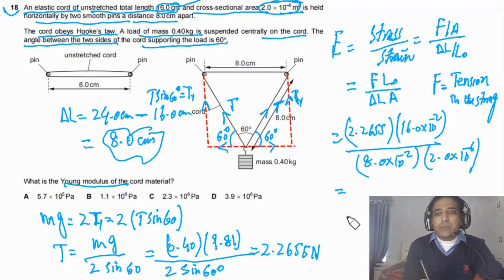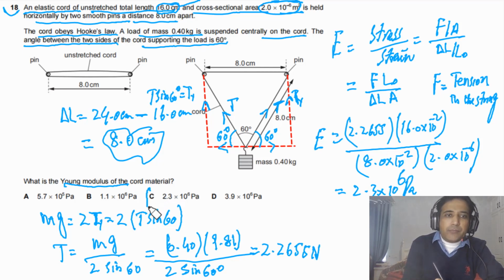Now if we solve this one, we will get our final answer. In this case, the value of Young's modulus will be equal to 2.3 times 10 to the 6 Pascal. So the answer for this question has to be C.